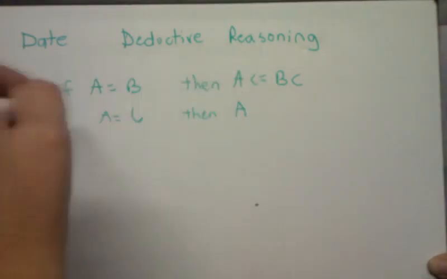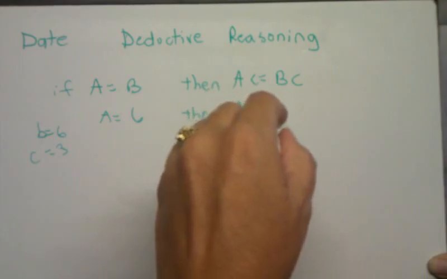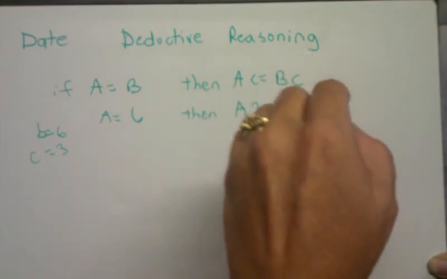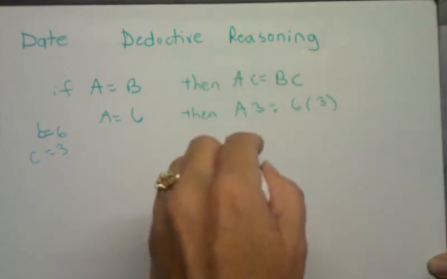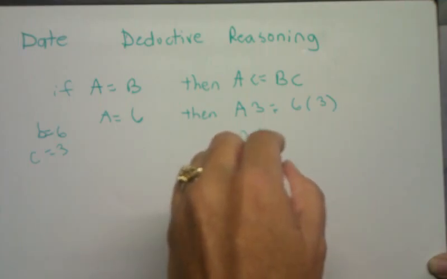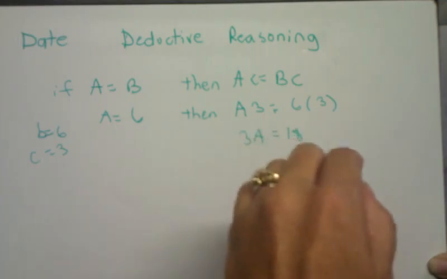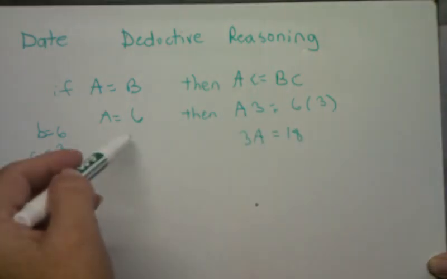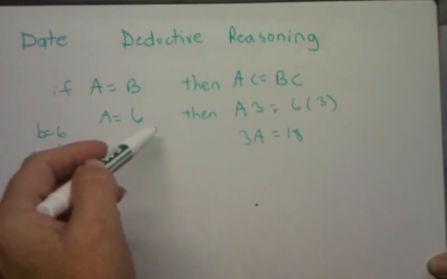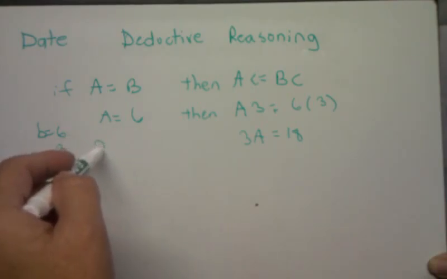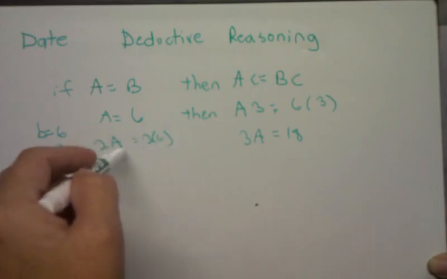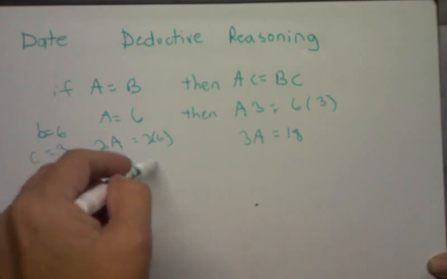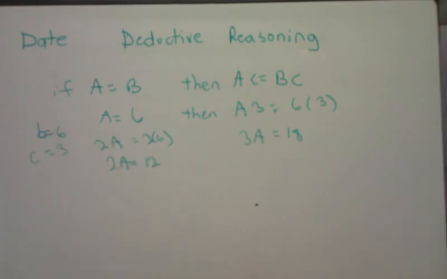Then A times C is 3 equals B is 6, C is 3. So this is 3A equals 18. We said A equals 6. It says 2 times A equals 12. So if I multiply both of these times 2, 2A equals 12. Okay, that's true. Now that's deductive reasoning. We proved it.